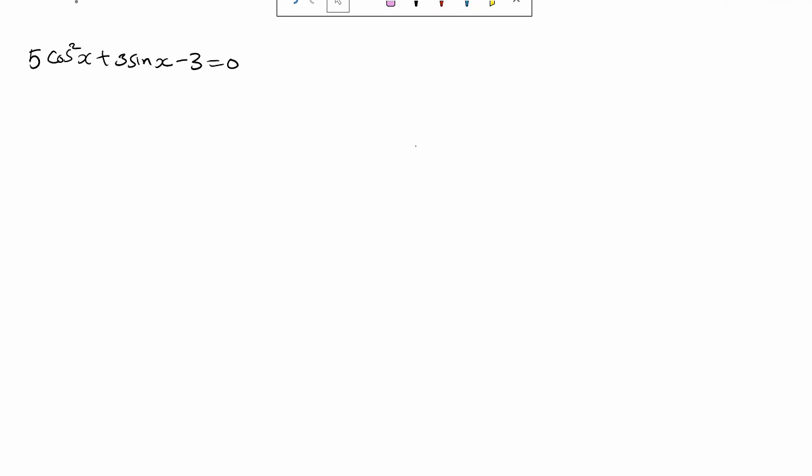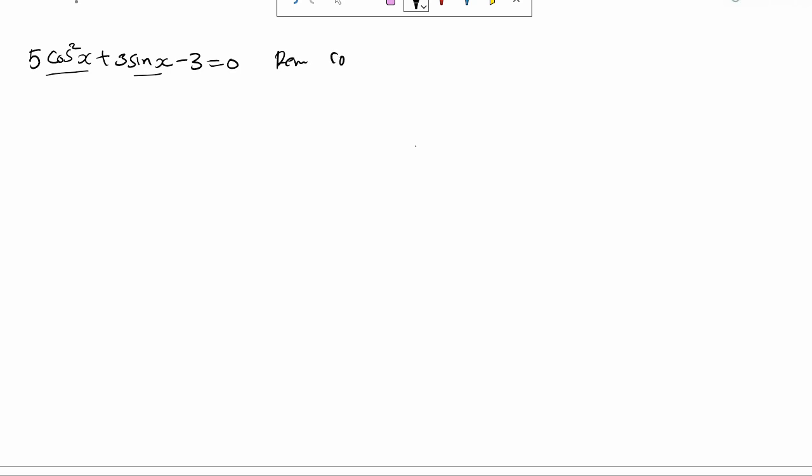Because cos squared x, I want to reduce this one to sin x, and to do that I shall require to remember the trigonometric identity cos squared x plus sin squared x equals 1.